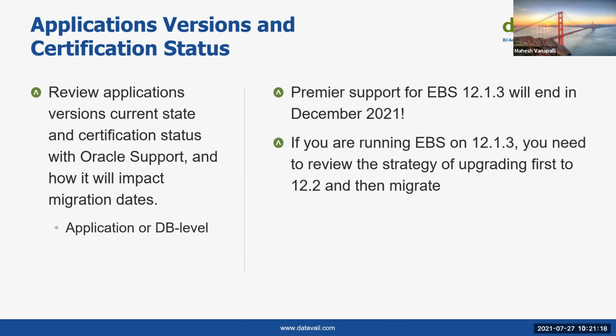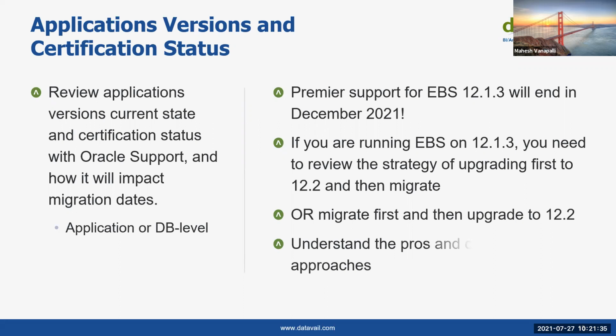If you're already on 12.2 and the 19C upgrade is taken care of on-prem, it's just migrating from on-prem to cloud, which is less complicated. But this is where it makes a difference when it comes to application versions and certification status. And understand the various pros and cons of various approaches.